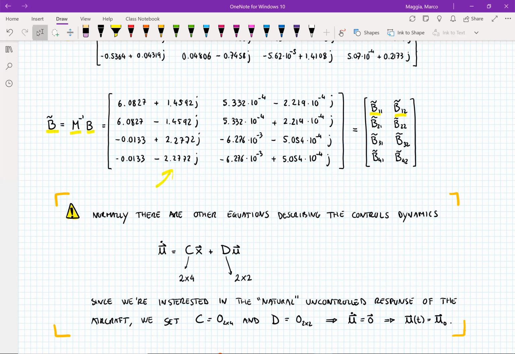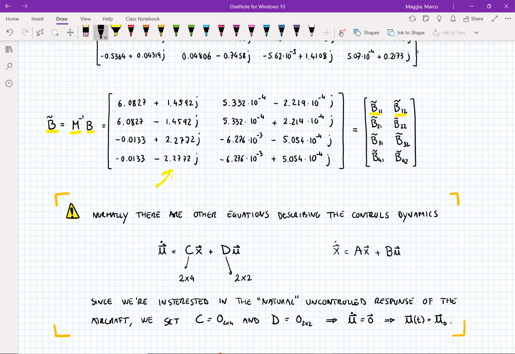Now, before proceeding, I want to point out one thing. Normally, there will be a bunch of ordinary differential equations that describe the control dynamics, because in the original system, we have the dynamics of the state that depend on the state itself and on the control.